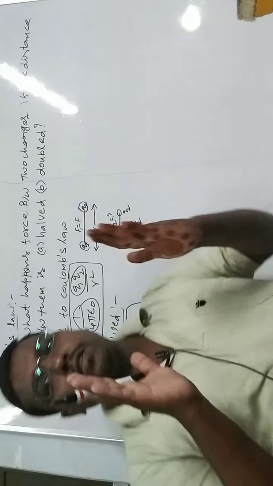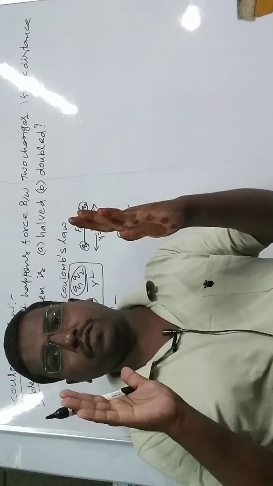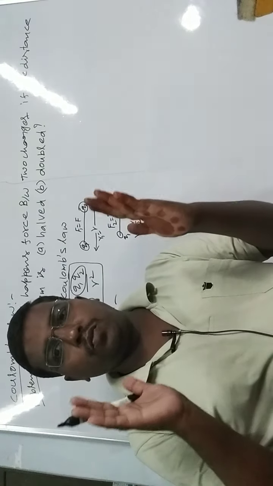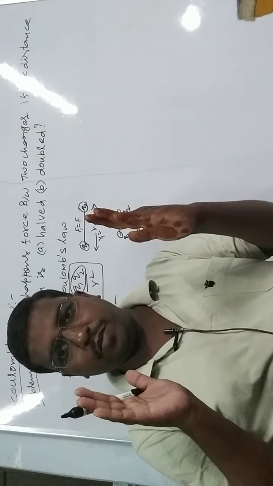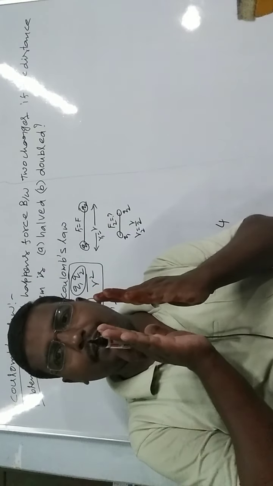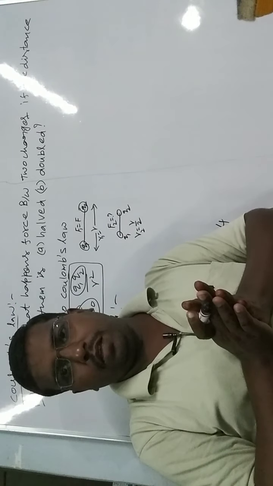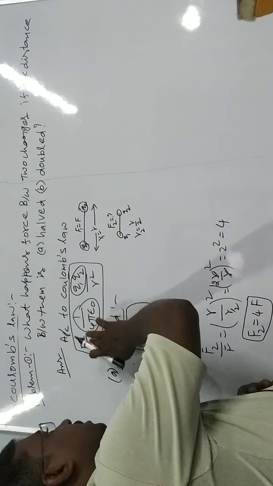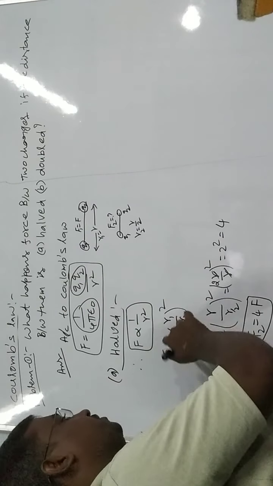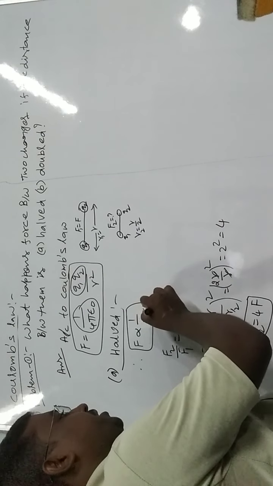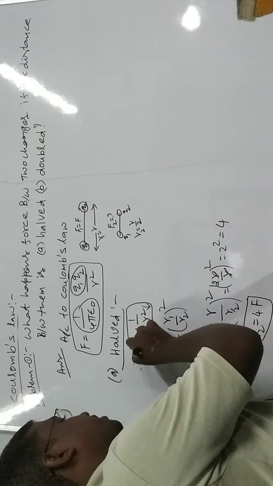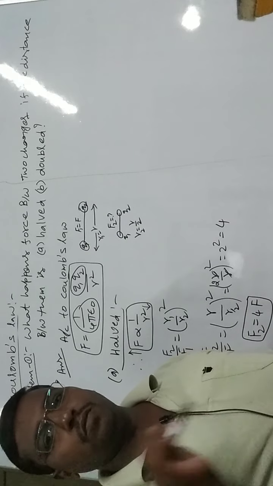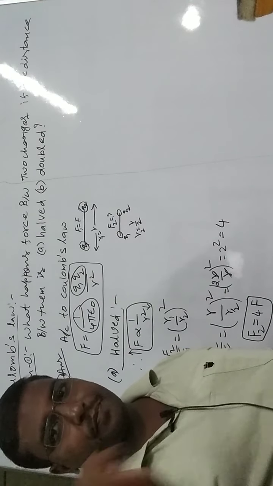That is, when two charges are separated by some distance and the distance between them is halved, the force between these two charges is increased. So F is inversely proportional to 1 by R square. That means if R is decreased, then force will be increased. Okay students, you understand this point.